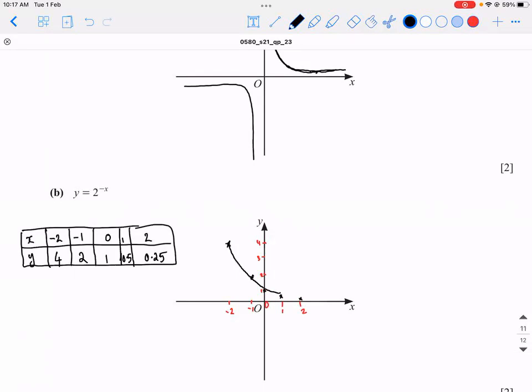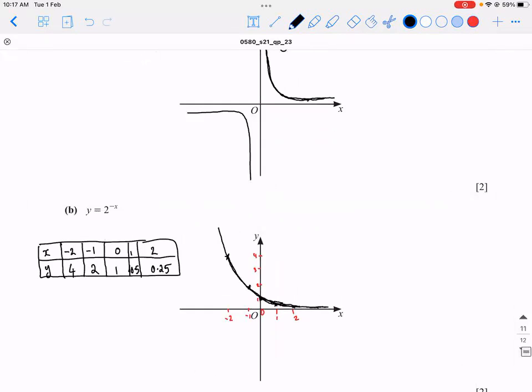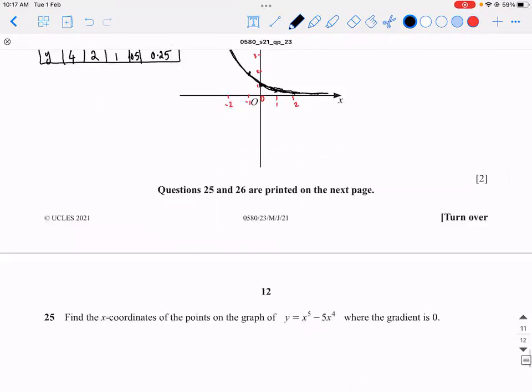The graph is like this. The graph is coming from the positive y and it is trying to meet y is equal to 0. So this is a graph of 2 to the power of minus x.